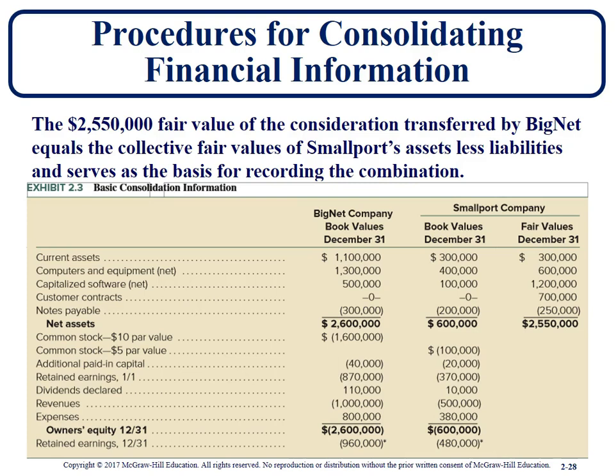If you remember, what was paid was $2 million in stock and $550,000 in cash. This is the journal entry on BigNet's books. We're not looking at what's happening on Smallport's books because it no longer exists. We're looking at how BigNet handles it after they buy Smallport.